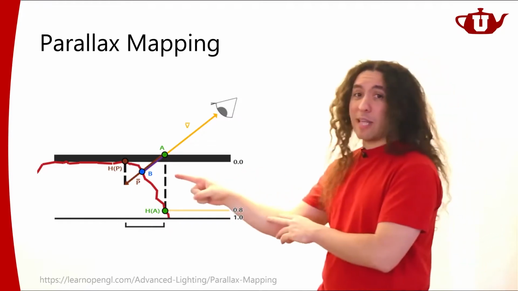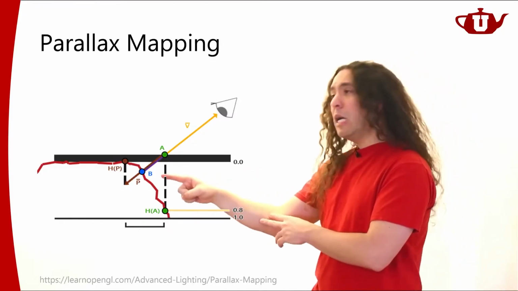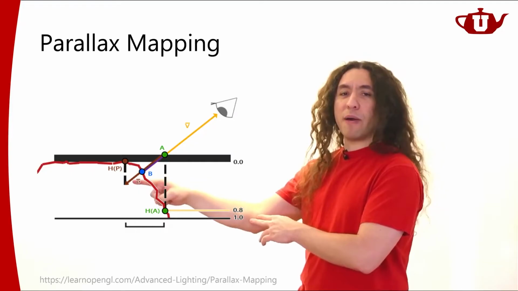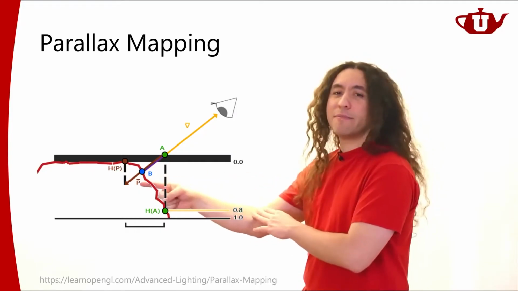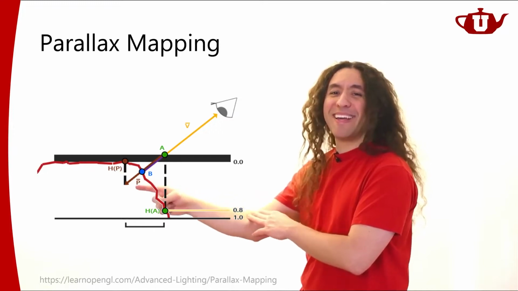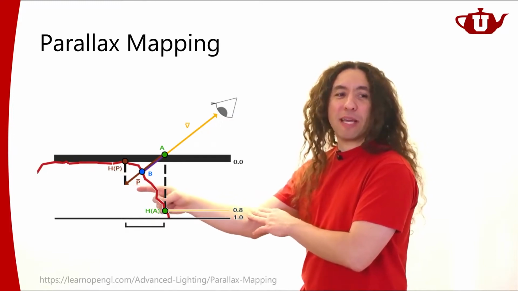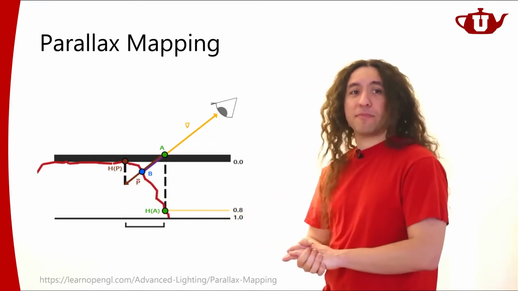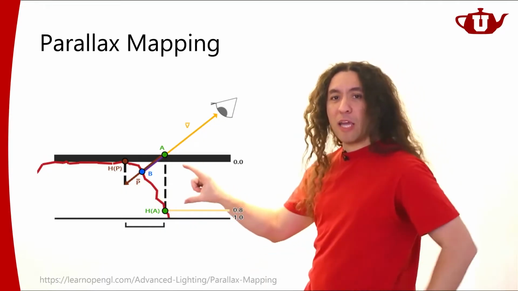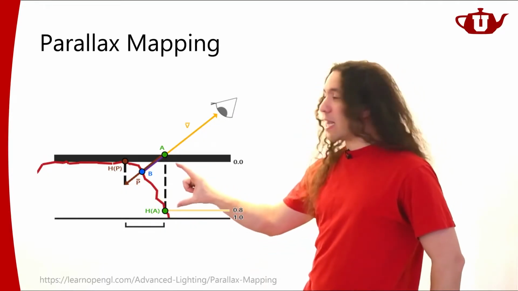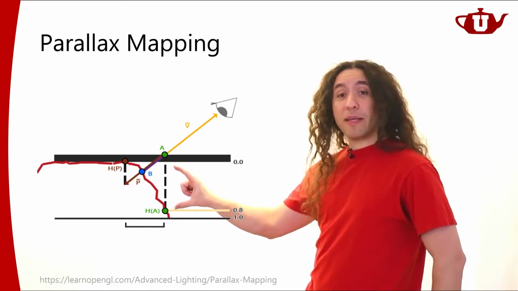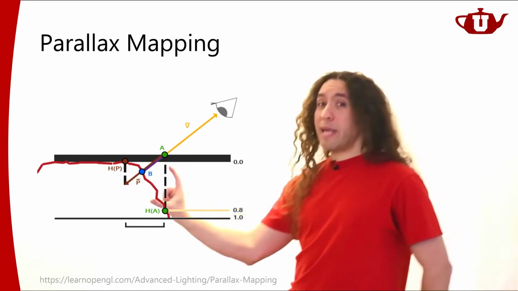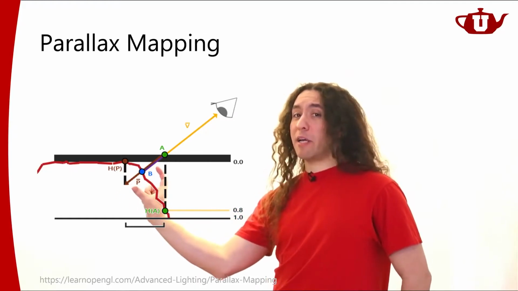Now, this is, of course, not the point that I want, but it's a rough approximation. It's a very approximate way of guessing what point I would see. But it's very cheap, so that's the advantage of it. So here, I'm just using this length that I read from my displacement map, and I use that length to continue traveling along this distance.